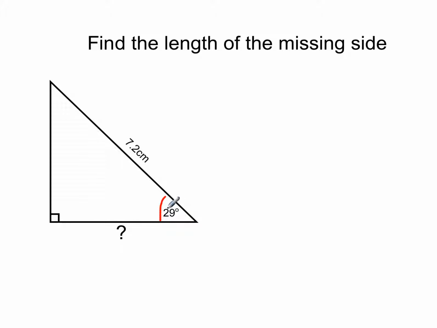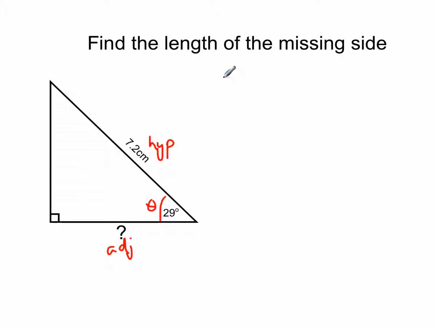This value here is our hypotenuse, and this value here is adjacent. So look back at the notes you just took. Which of those three trigonometric ratios is appropriate to use here, given that we have adjacent and hypotenuse as our players?